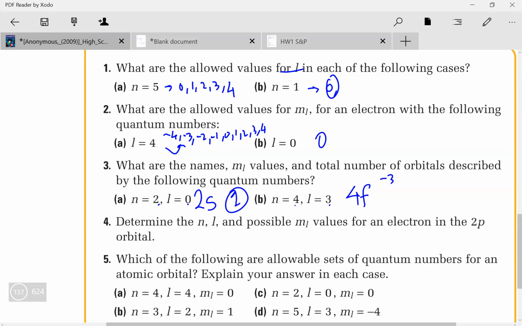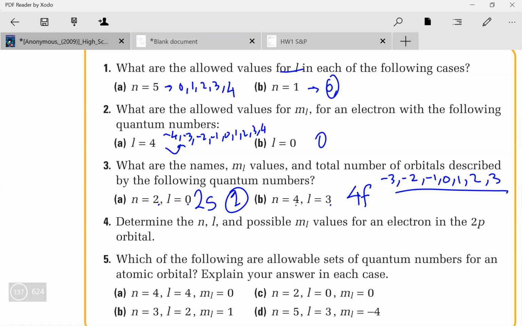The ml values range from -3, -2, -1, 0, 1, 2, 3. So there are 7 orbitals described by those quantum numbers, 7 different orientations of that orbital. Determine n for an electron, the 2p, so 2. L is 1 for a p orbital. This ranges from -1 to 0 to 1.